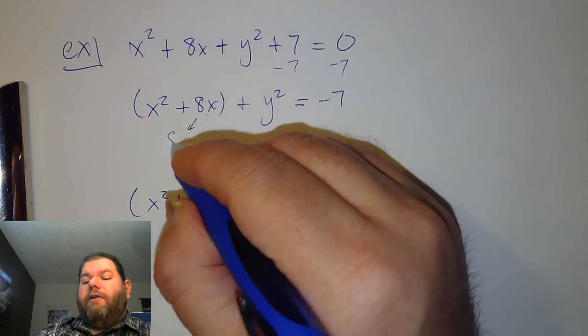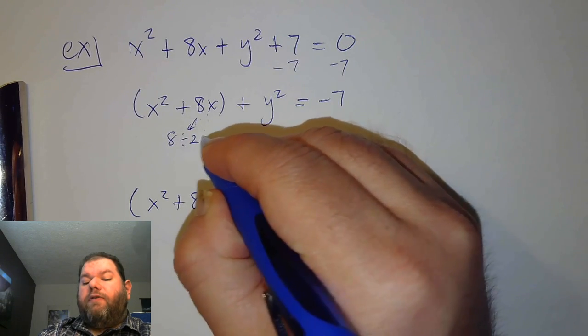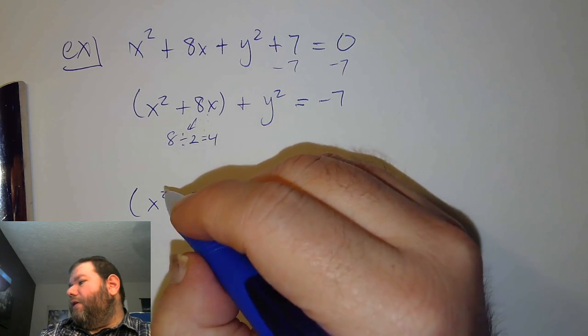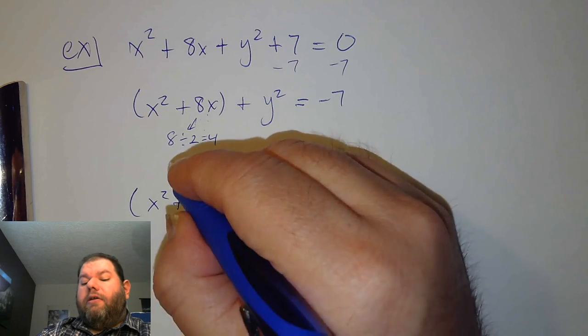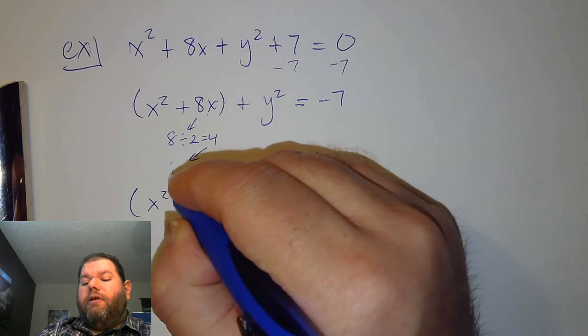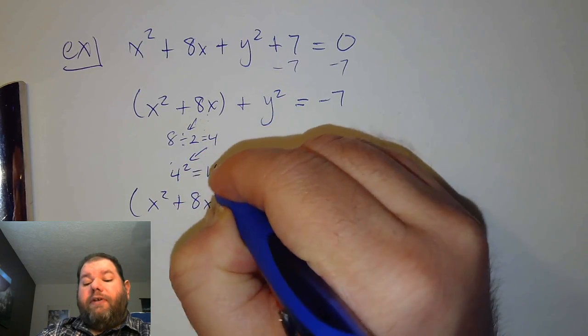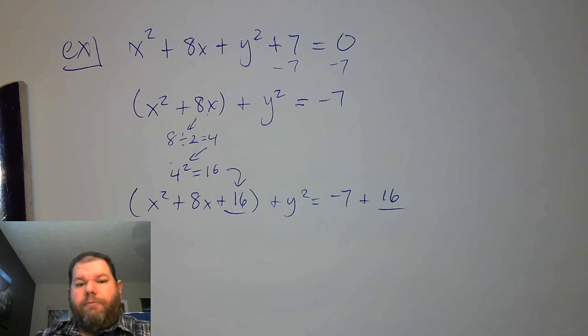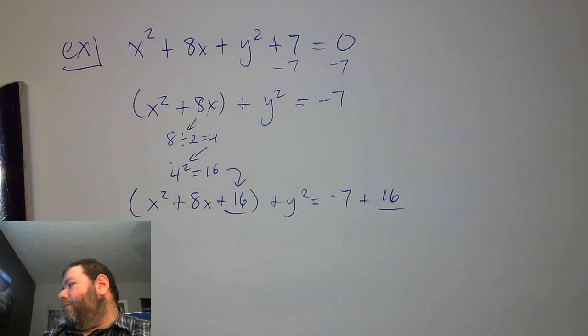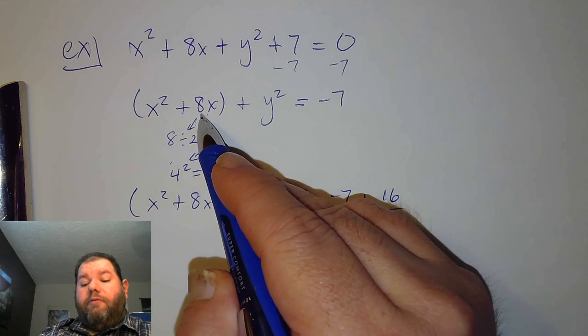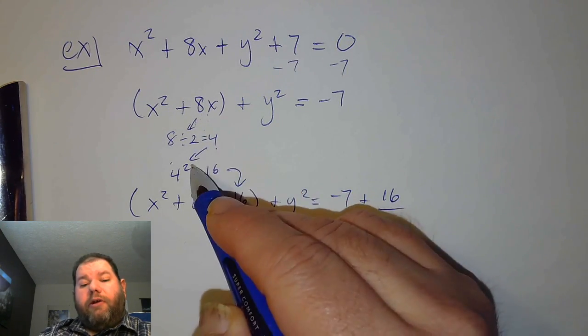Again, we take our 8 divided by 2, which is 4, and then take our 4 and square it, which is 16, and so that's why we put that number in where it is. So again, divide by 2 and then square.